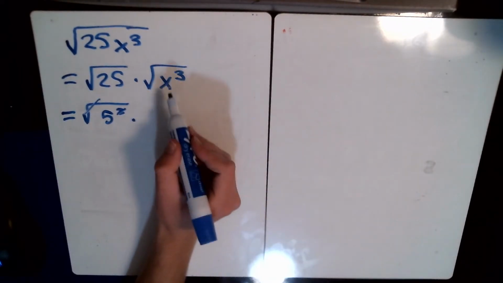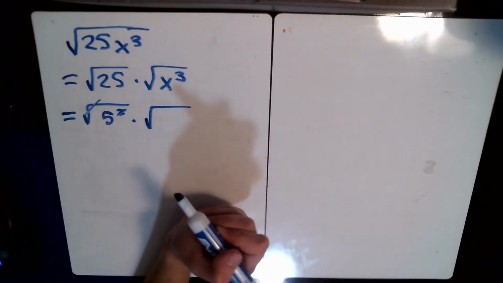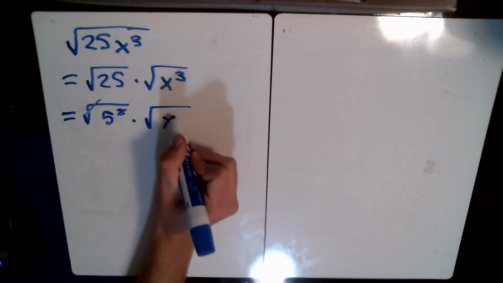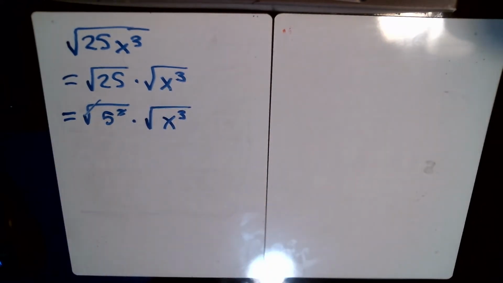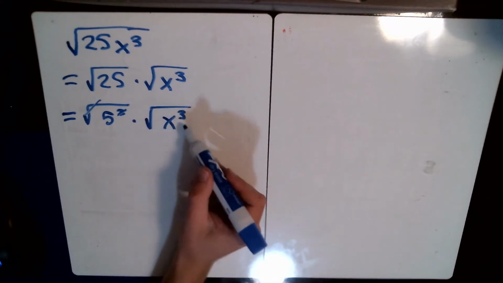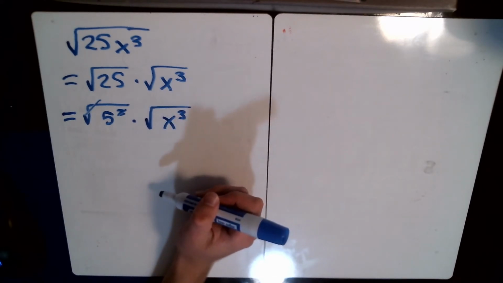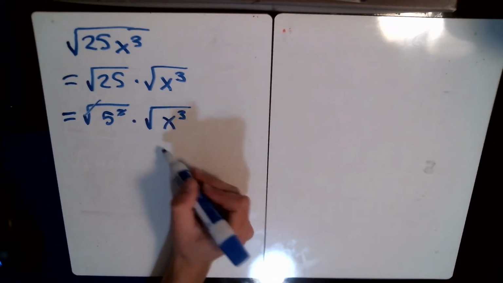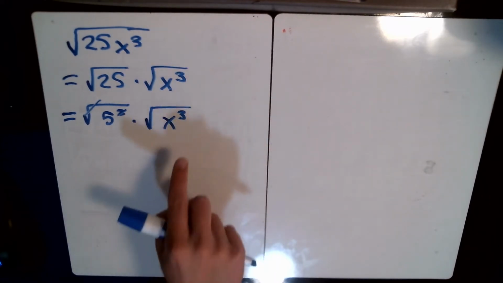But what happens with this square root of x cubed? Well, I want to think of, are there any perfect squares living within this radical, inside of this x cubed?